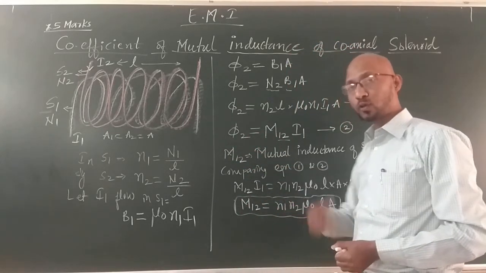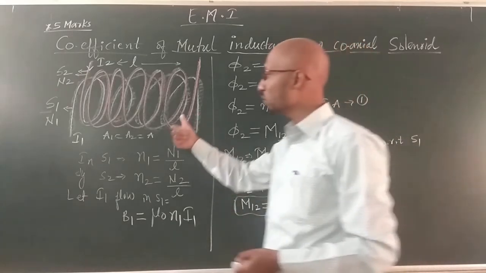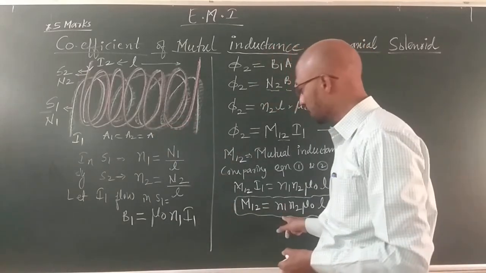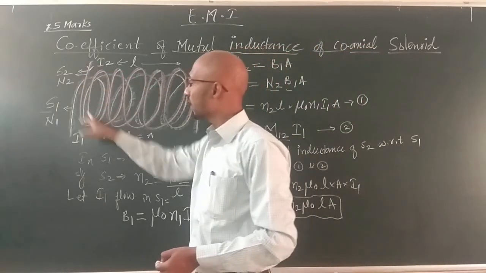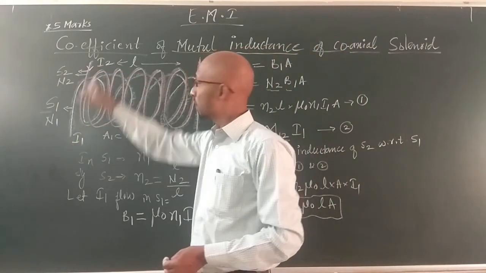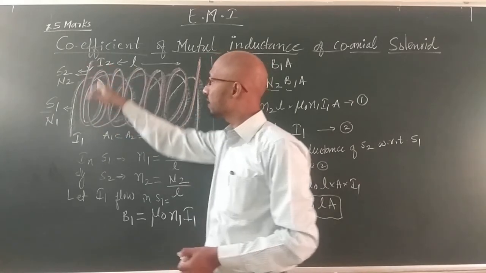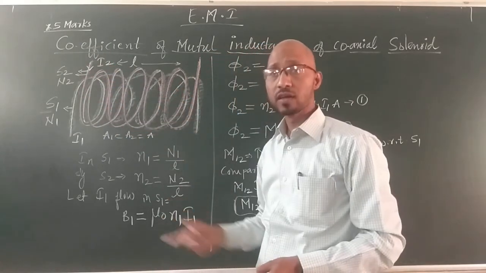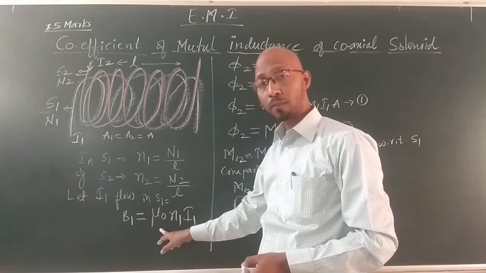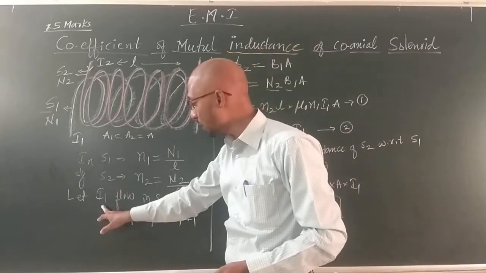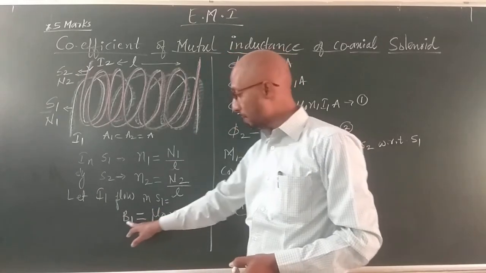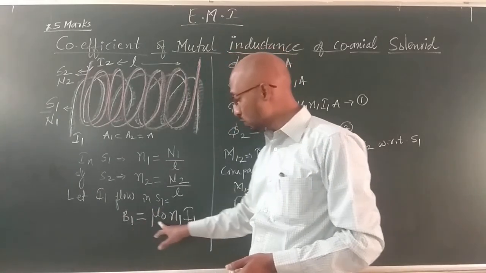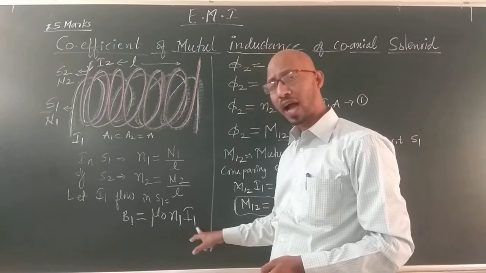Whatever amount of mutual inductance develops in the second solenoid with respect to the first solenoid is written here. Now I want to know what happens if a current I2 flows in the second solenoid, not in the first. Once again a magnetic field will develop. Due to the flow of I2 in S2, the magnetic field is B2 equals mu naught N2 I2.